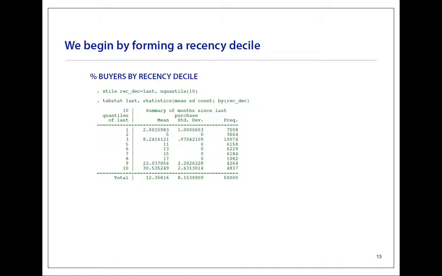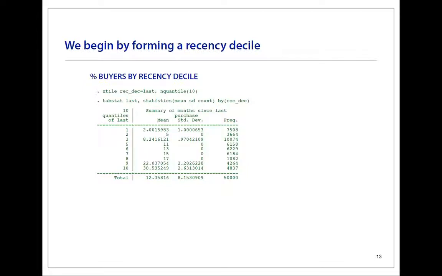The variable measuring whether the person responded or not in the data set is called buyer. If the person responded, the buyer variable will be 1. If the person didn't respond, it will be 0. So in other words, if we calculate the mean of this buyer variable within each group, we will be able to get the response rate for each group.